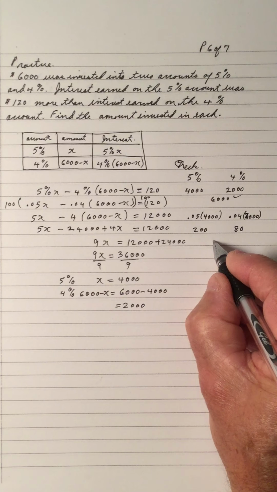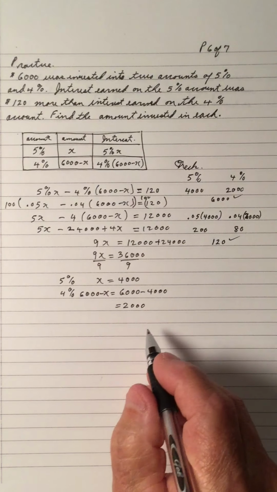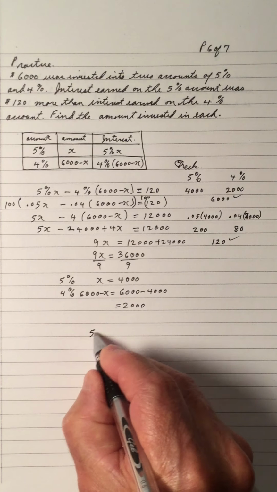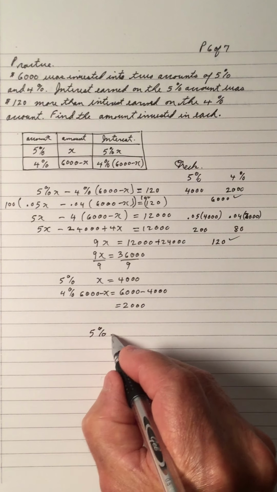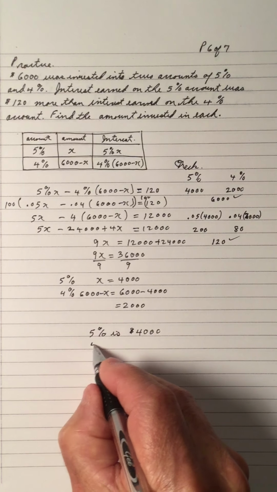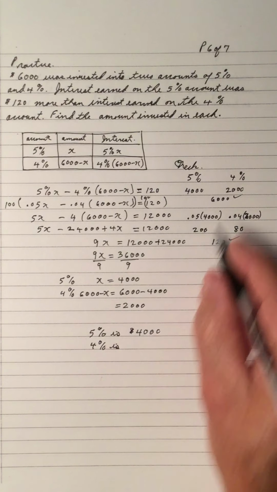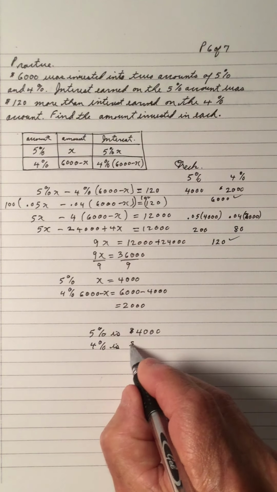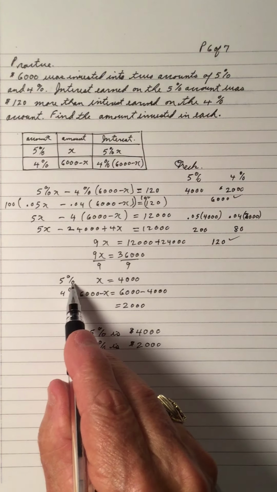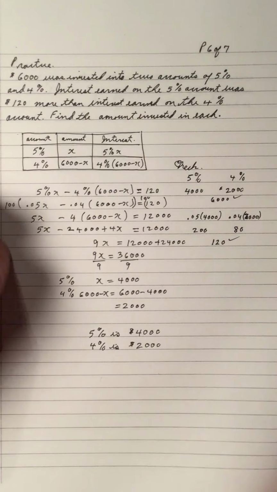And their difference, you subtract, you get $120, which is right. So it says find the amount invested in each. So the amount invested in the 5% is $4,000. And in the 4%, the amount is 2,000. I'm thinking about the interest now. So again, 5% is 4,000, 4% is 2,000. Everything is okay. Yep. Let's continue.